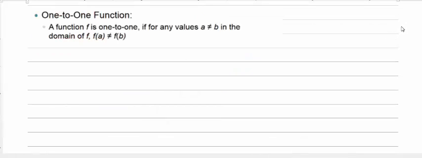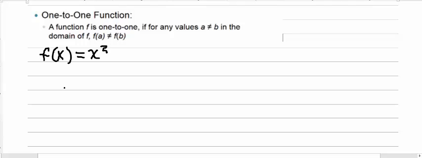A one-to-one function is a function f that for any values a not equal to b in the domain of f, f of a is not equal to f of b. So an example of a function that's not one-to-one is f of x equals x squared.